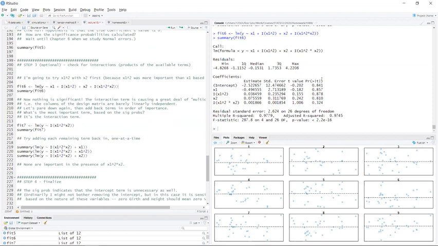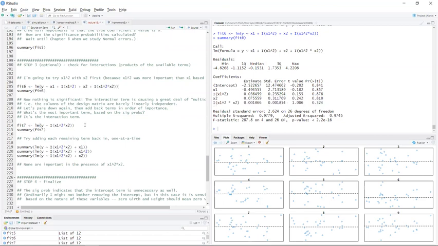So sometimes when this happens, what I'll do is go back and try to add in terms one at a time from most important to least important, and see where I should stop, how many of these terms I need to add before adding another term doesn't really help.